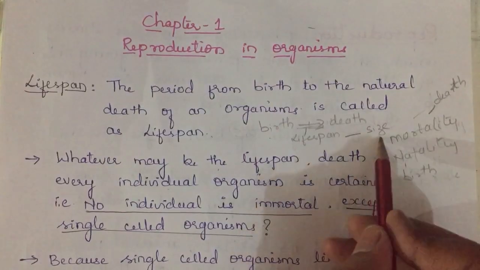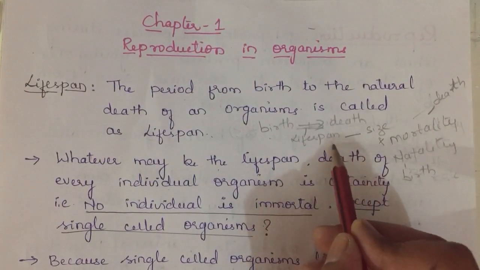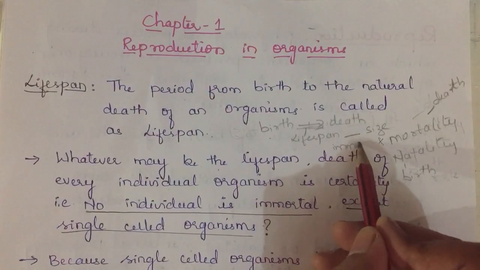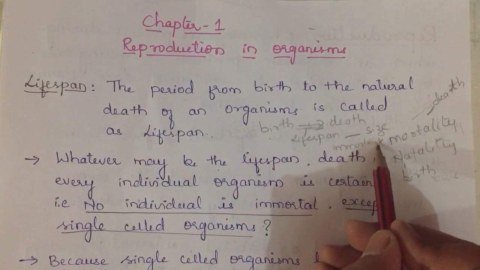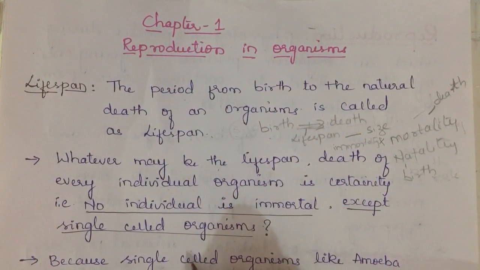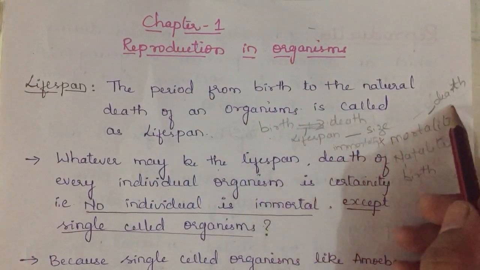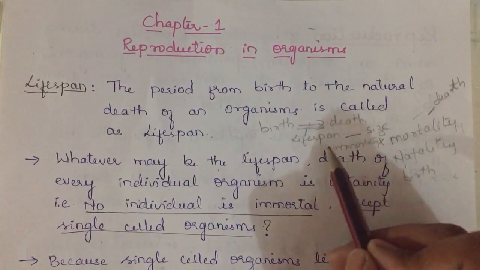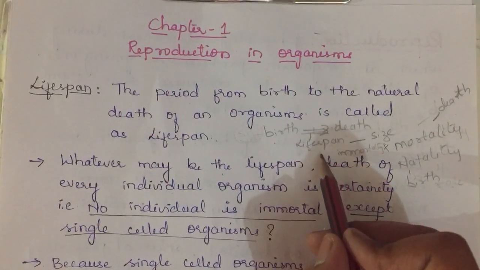Now mortality, what will be its opposite? Immortality will be the opposite of mortality. Immortality means no death, continuously living.